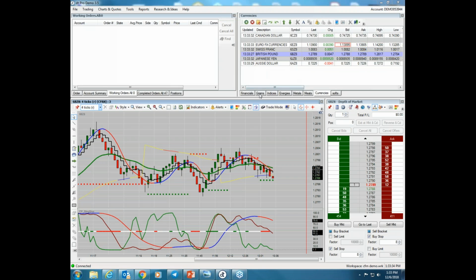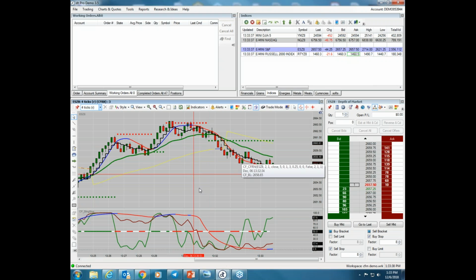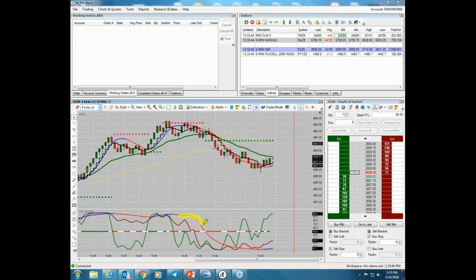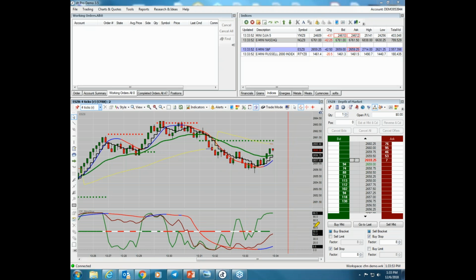Let's go back to the indices because that was rocking and rolling. Notice the observation I made just a second ago as this was falling down and breaking. This was kind of a clue that the market was going to do this. All right, so that's why we wait. All right, so stand by here. My phone's buzzing again.